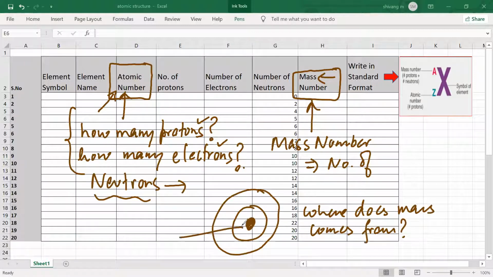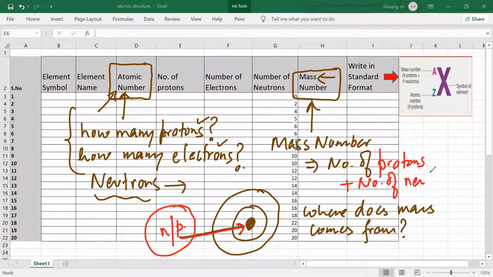It comes from the nucleus. What is there in the nucleus? Neutrons and protons. So the mass number would be dependent upon, Mr. Satya? Neutrons and protons. Shabash. So number of protons plus number of neutrons. Are we clear? Yes. Have you understood the logic?